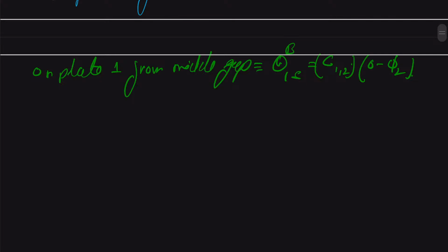So the charge on plate 1 because of the middle gap, part B, is the negative of this. We get minus epsilon A over S times phi 2.